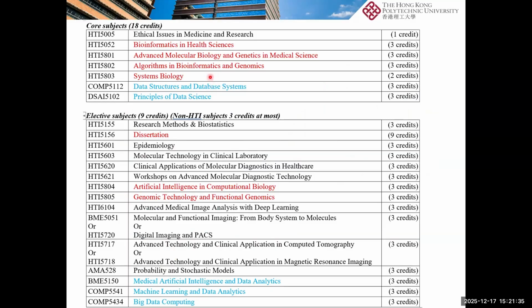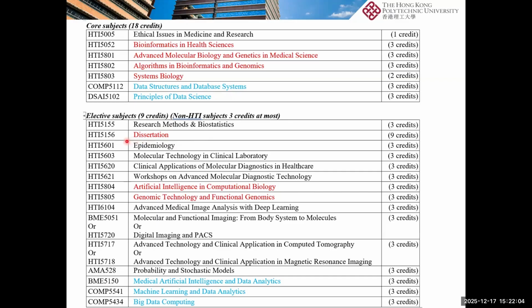The subjects highlighted in blue are more related to computer engineering, computer science, or AI. Those in red are designed specifically for the MDS students, so they are focusing on integrating computational skills in healthcare work.